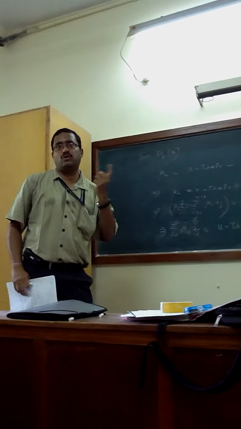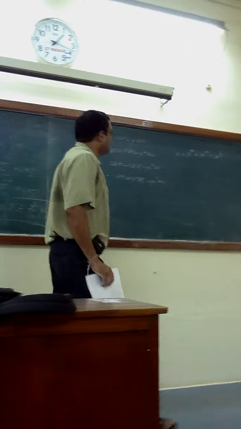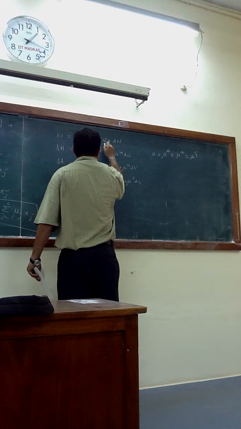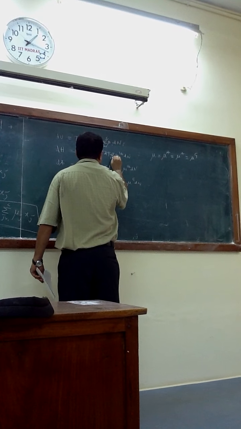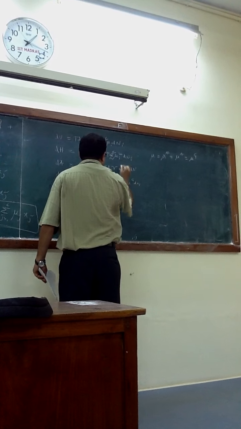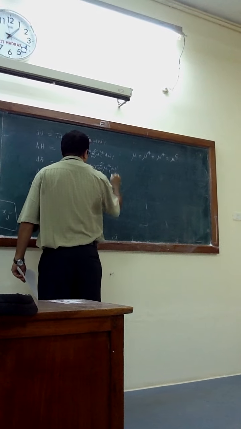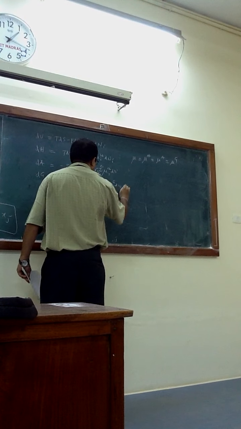Everything I am doing in detail. What we have done for the pure substance, what will be there for the multi-component substance? For the multi-component substance, this will be very easy. Summation i equals 1 to C of mu_i dn_i, summation i equals 1 to C of mu_h,i dn_i, summation i equals 1 to C of mu_a,i dn_i, plus summation i equals 1 to C of mu_g,i dn_i.